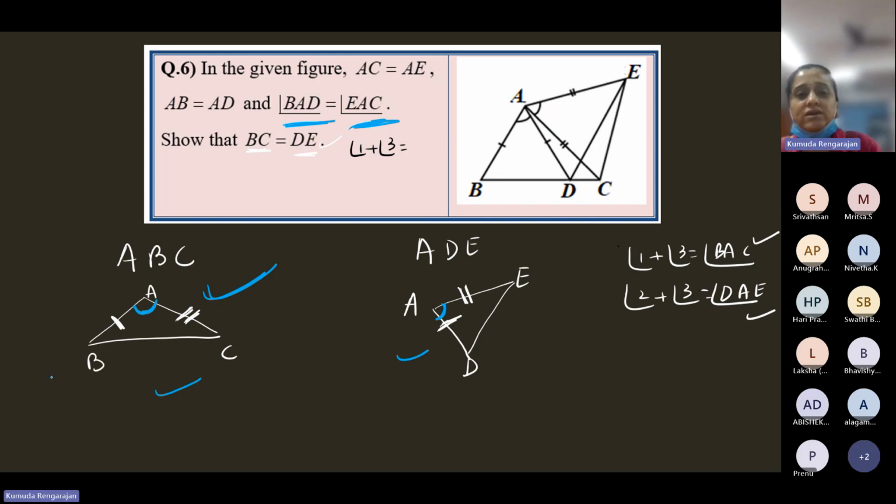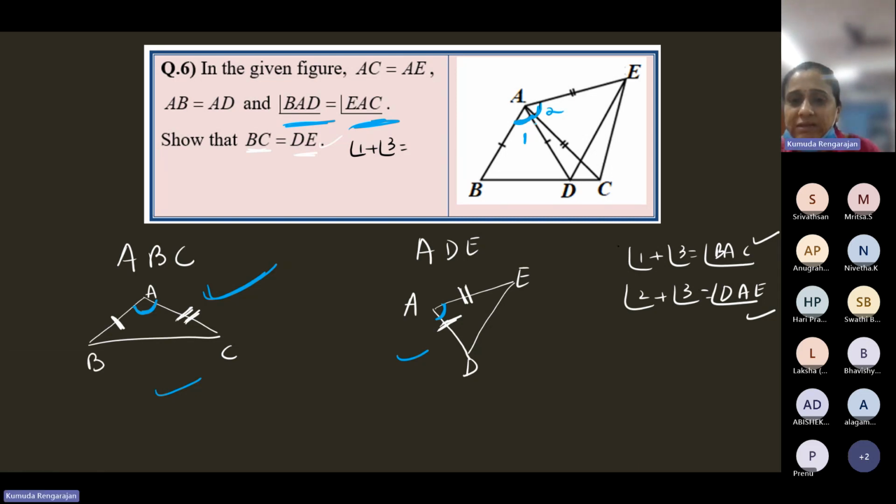What is given is that BAD, this angle, is equal to EAC. So these two angles, the equality is given.